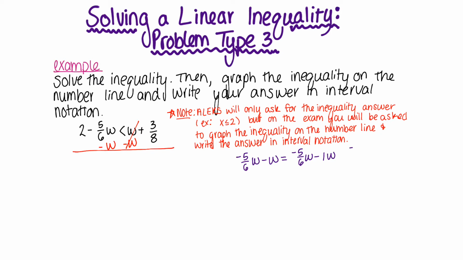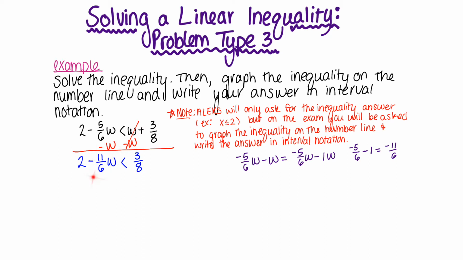On your calculator, you can do negative 5/6 minus 1. If you turn that into a fraction, you should get negative 11/6. So this 2 right here drops down. Minus 11/6w is less than 3/8.